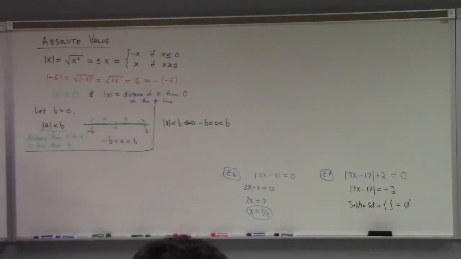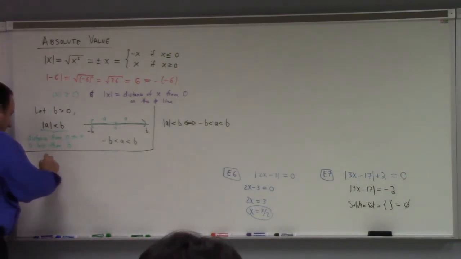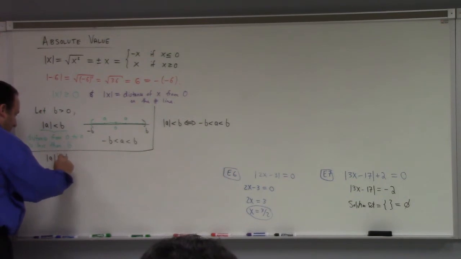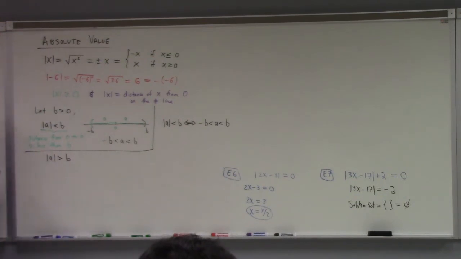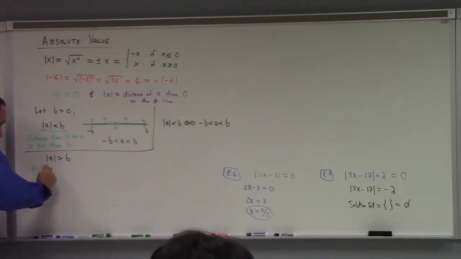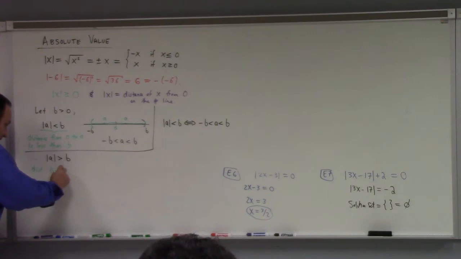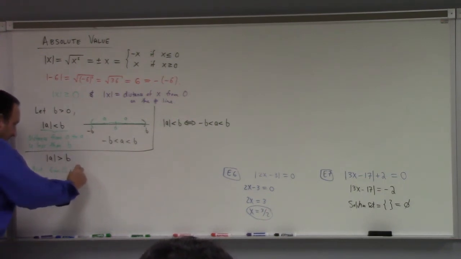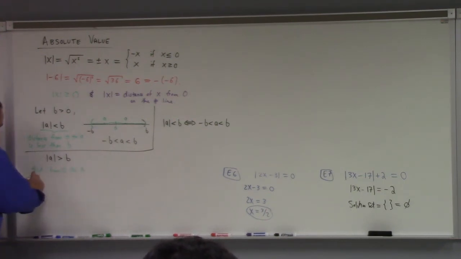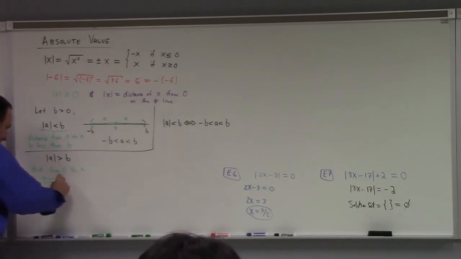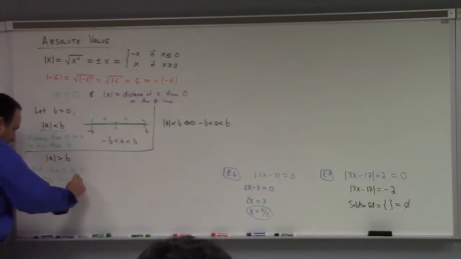What if we're looking at greater than rather than less than? Is the story the same? What if we have the absolute value of A is greater than B? What does that mean in a sentence? This means the distance from 0 to A is more than B units.